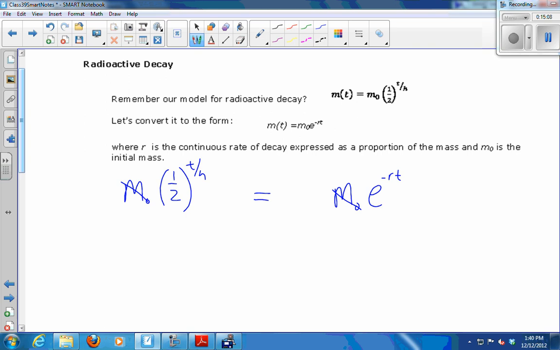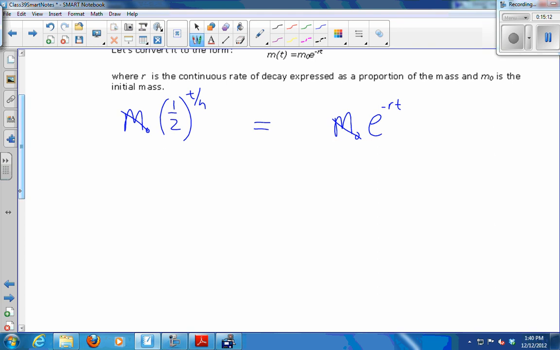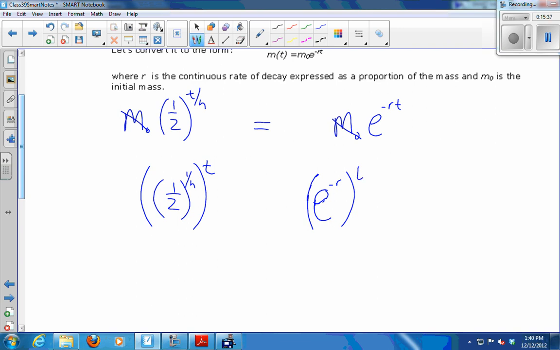So now I'm going to do the same little trick I did last time where I exploit the rules of exponents. I'm going to write 1/2 to the t over h as 1/2 to the 1 over h, to the t. Because 1 over h times t would give me the t over h back. And I'm going to write e to the negative rt as e to the negative r, to the t.